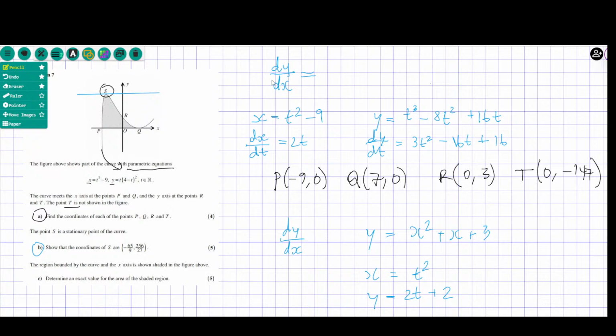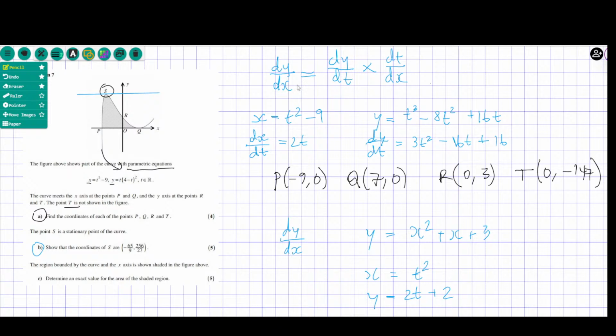How could we write dy by dx in terms of what we have? Interestingly, if we want dy on the top, we could start with dy over dt. And if we multiply this by a fraction that allows us to cancel out what we don't want, which is the dt, it would look something like dt over dx. Because with this fraction, the dt's will cancel and we'll be left with dy by dx.